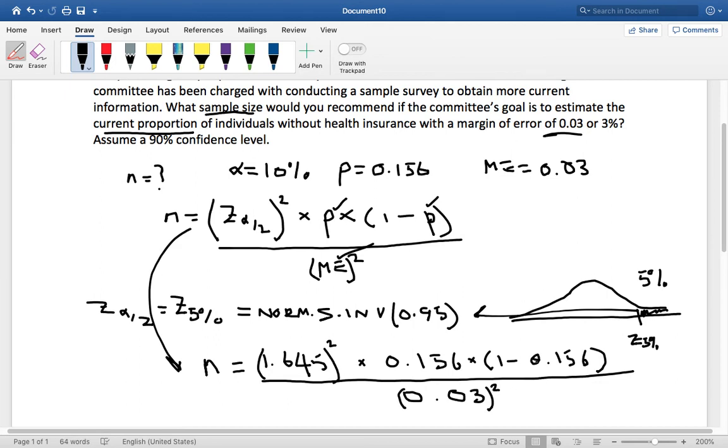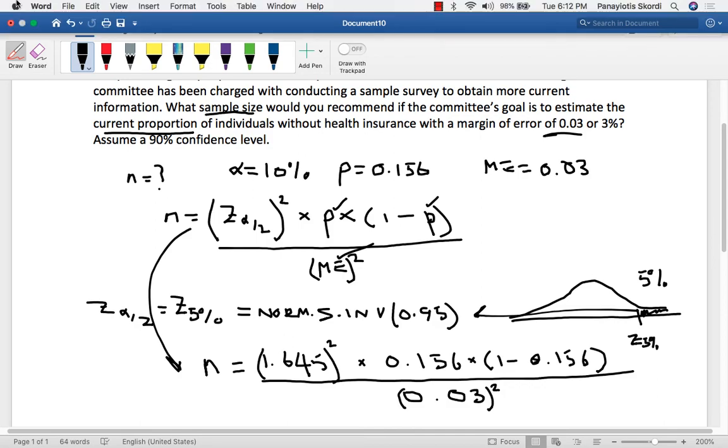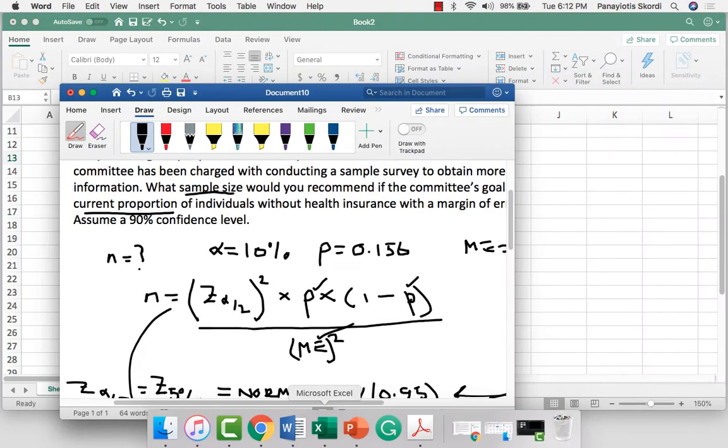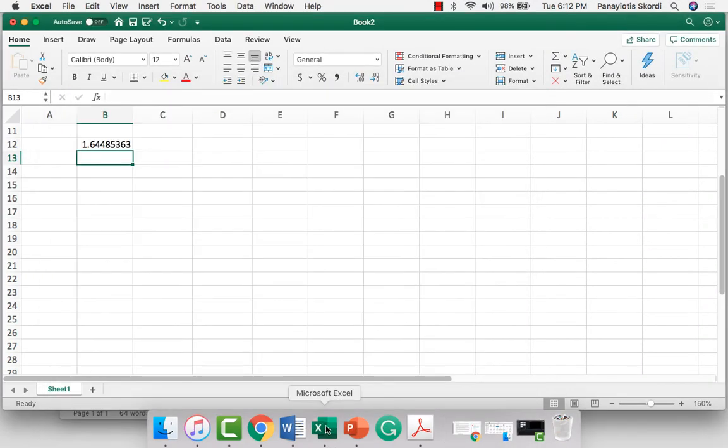You can do it on your calculator. I wouldn't recommend that you do it on your calculator. So let's jump over to Excel and see what we can do now. So we already have the first part, which is the z of alpha part. We already know what z of alpha is. That's good. And what else do we have?